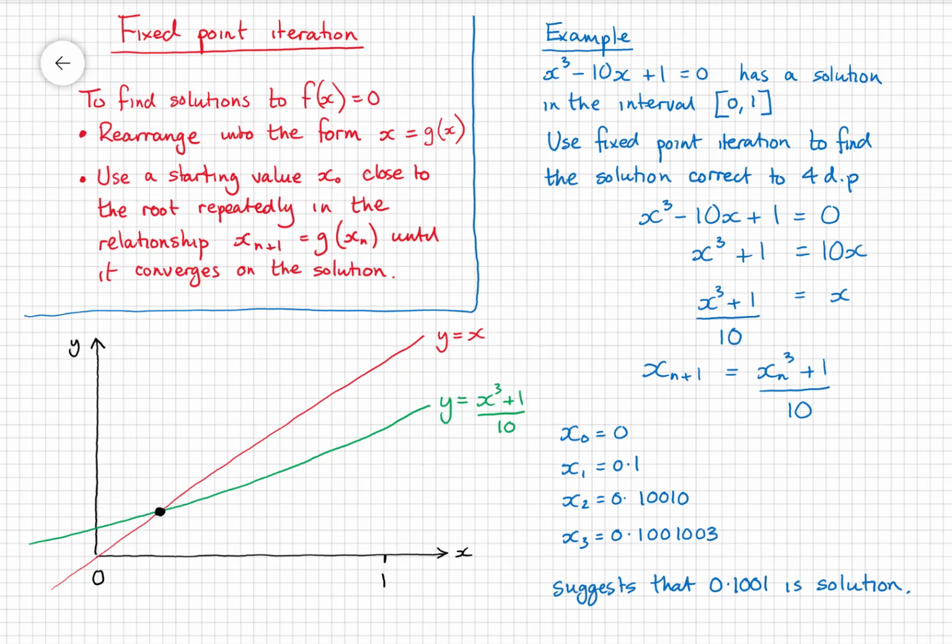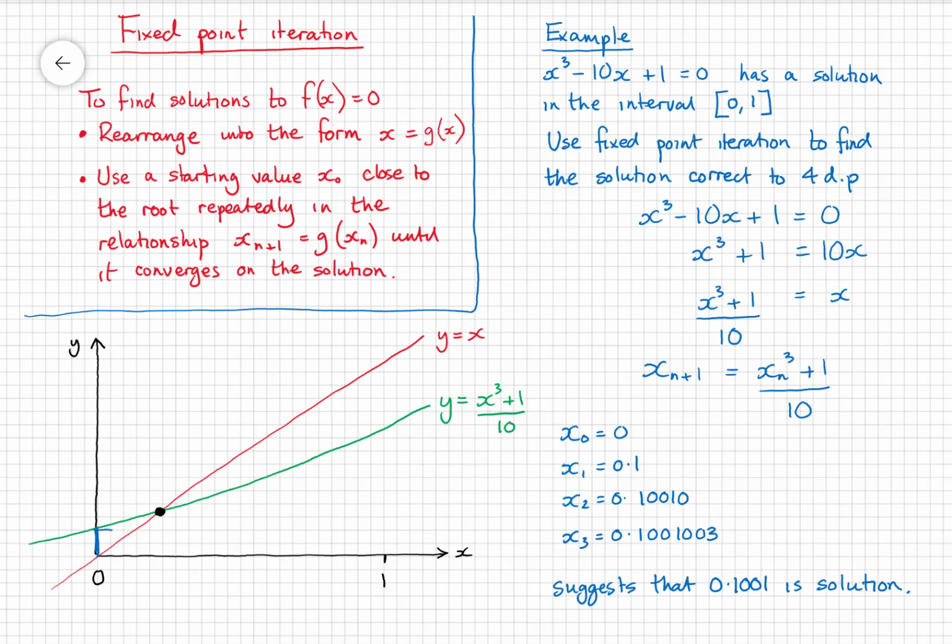Let's think about this graphically now. We began with an x-coordinate of 0, and we put that x-coordinate of 0 into g of x, and that provided us with an answer.